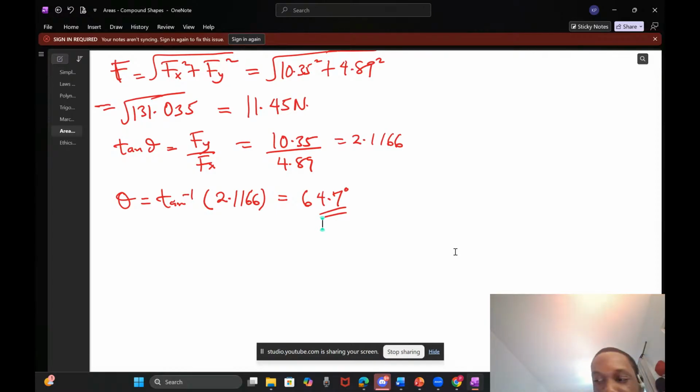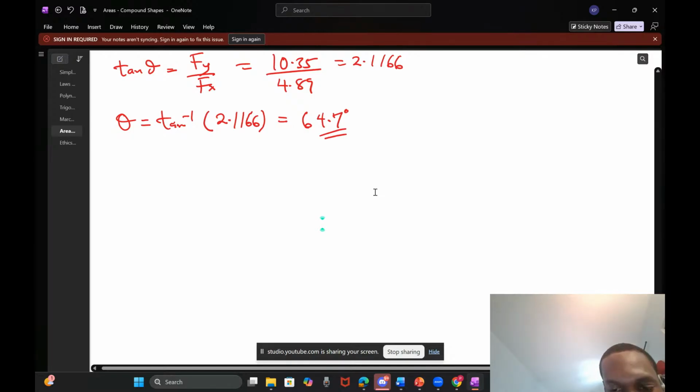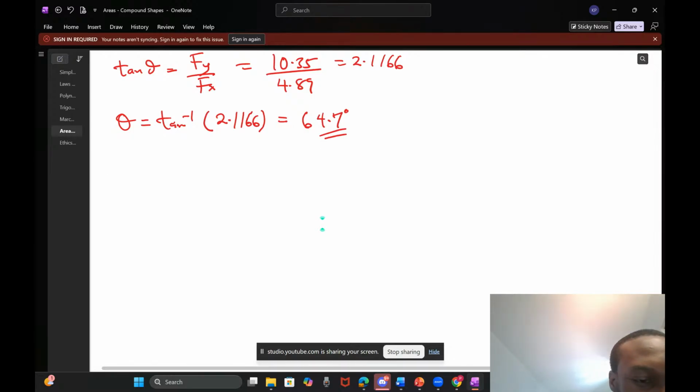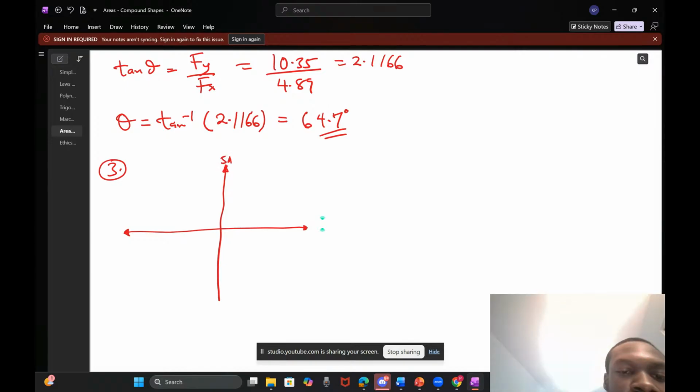So I'm still going to do another example, and then I'm just going to teach a very simple topic. So let's say we have something like this. This side is 5 newtons. This is 12.